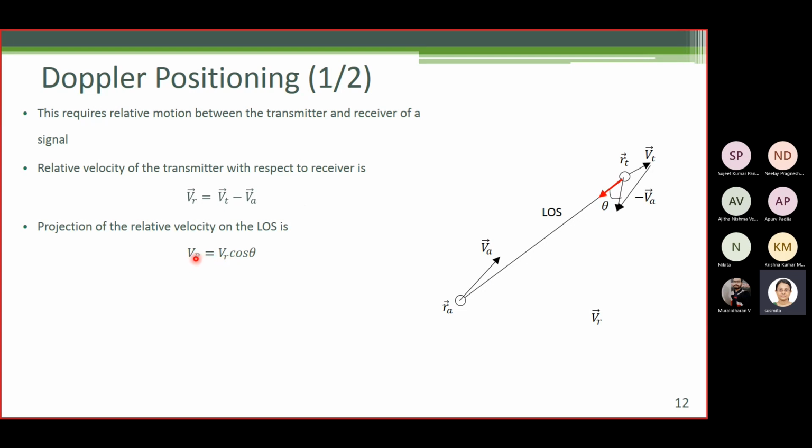The magnitude of that velocity is denoted as V capital R, and it is equal to V small r cos theta. In the figure it is shown as this red arrow. This is the projection of this velocity vector on the line of sight to the transmitter, denoted as V capital R.